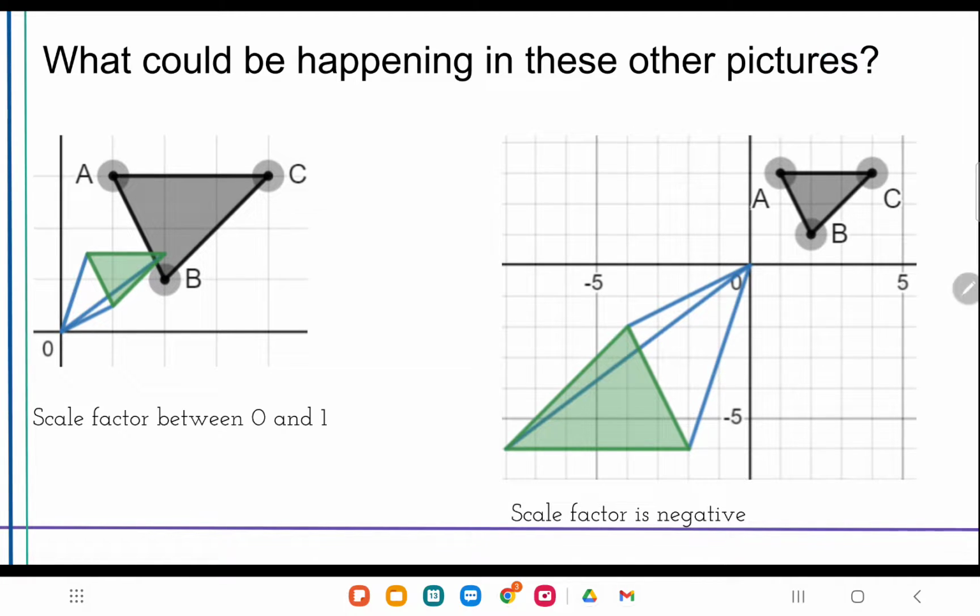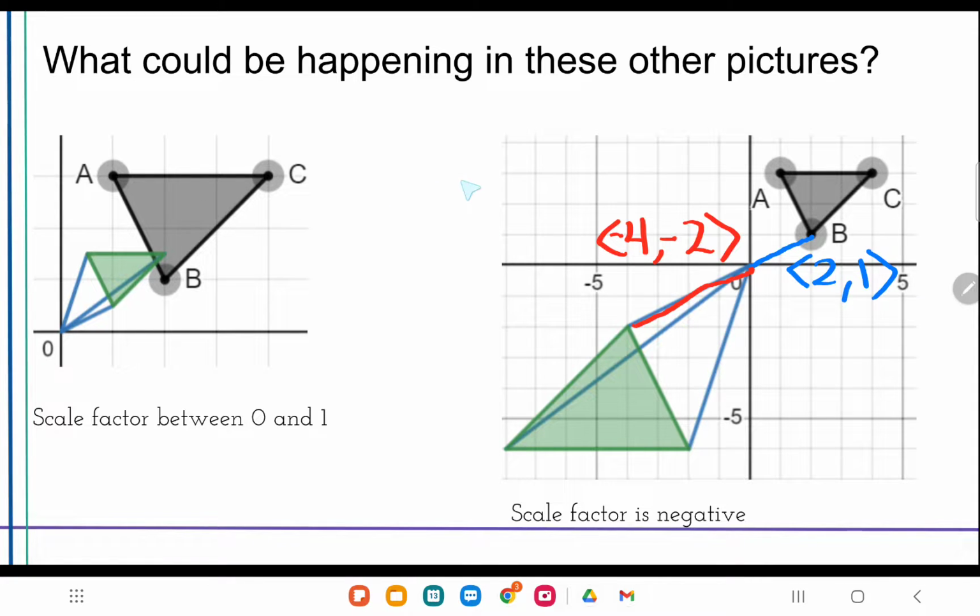I can determine this scale factor by comparing the relative size of my vectors. So my vector in component form here for B, once again, is 2, 1. My vector to B prime, I'll do this one in red, is -4, -2.